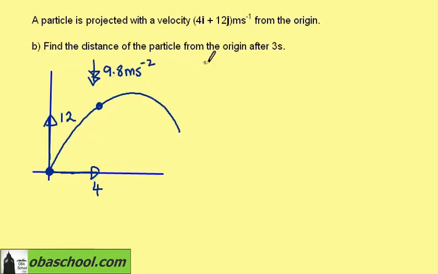We now want to find the distance of the particle from the origin after 3 seconds. So in the first instance we need to repeat the previous process, but with the time equal to 3 seconds.